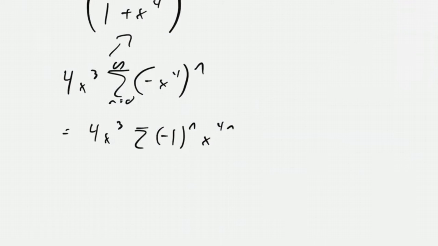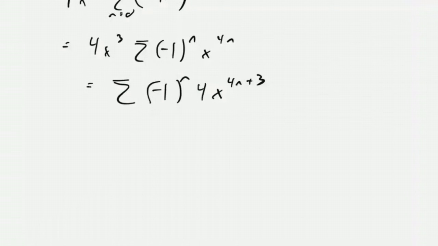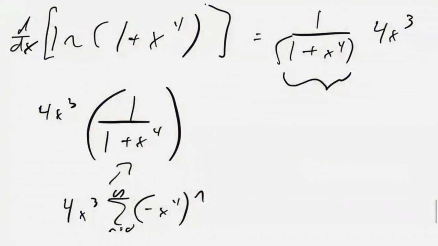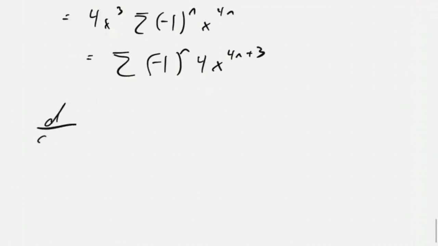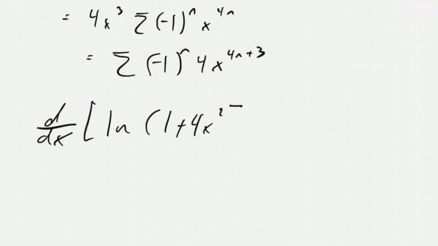I bring the 4x cubed inside. So this is the power series for our function on the right side. So I know d dx of ln 1 plus x to the fourth equals this power series.